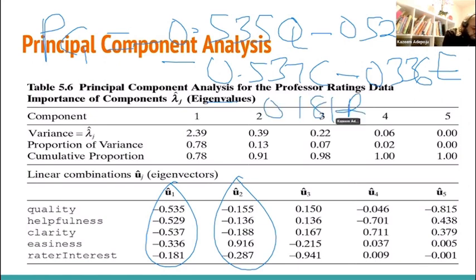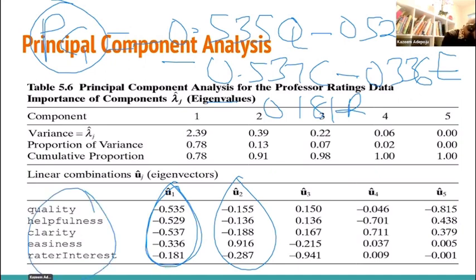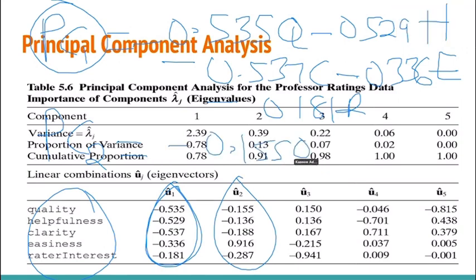So this is the first principal component, which means I'm using that. That's model 1. Model 2, principal component 2, will be minus 0.155 Q, and so on. Does that make sense now?